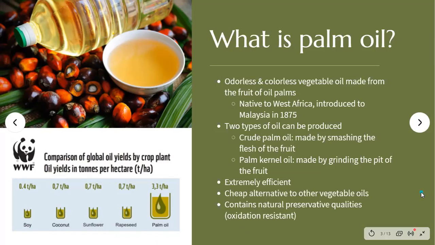And because it's so efficient, it is very cheap compared to other vegetable oils. It also contains natural preservative qualities, which means that it's oxidation resistant, so it's good for having a stable, longer shelf life.